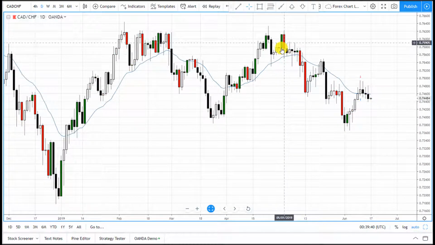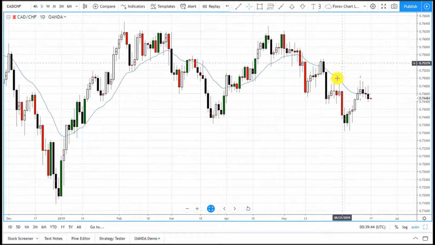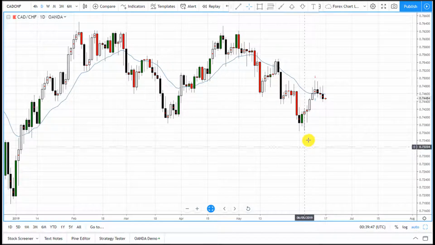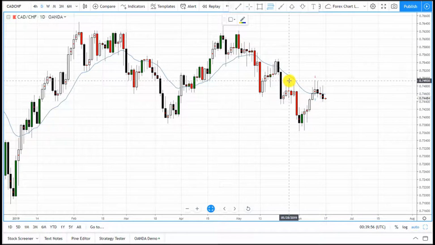On the daily, price rally, drop, base, rally, drop. So you can see that there's a supply zone formed here.